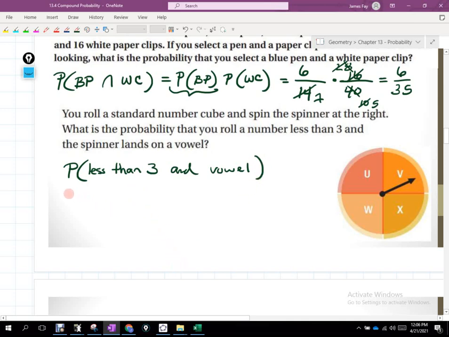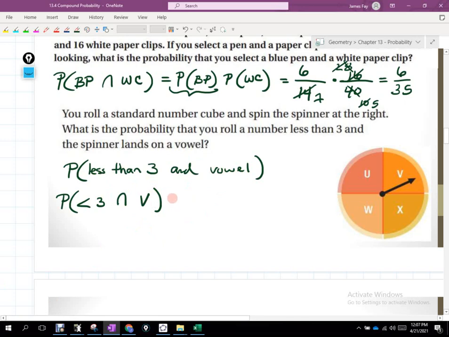If we're using notation, and this is all stuff that you would have to decide on your own, and it's not consistent across probability, you can say less than 3 that way, and V for vowel, if you want to be more concise instead of using all those words.